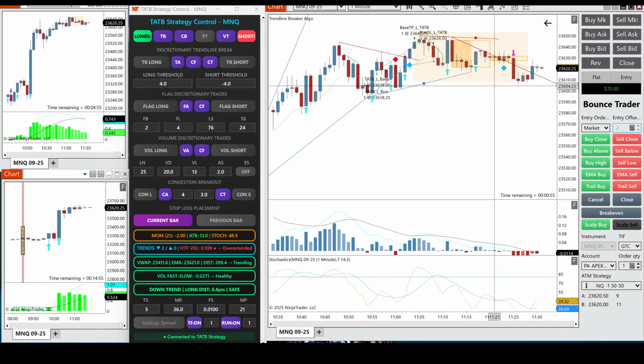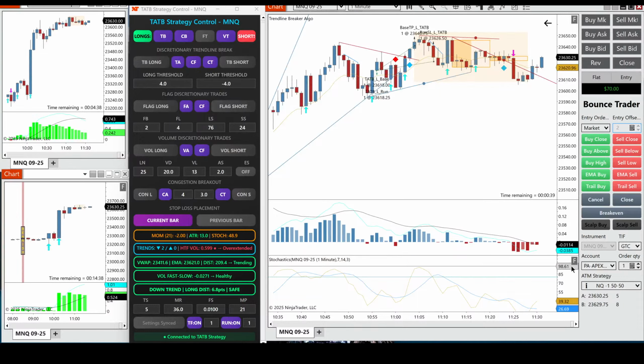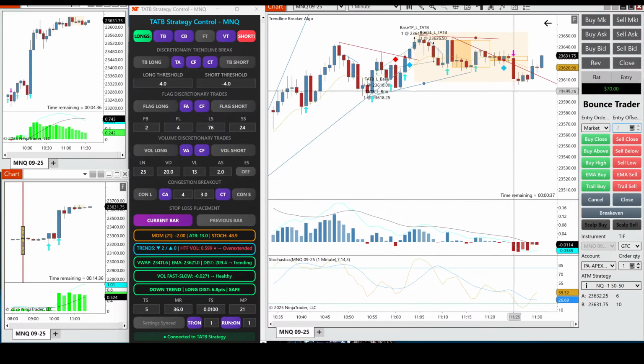Quick scalp. So there was no trend line break signal. It wouldn't take this trade.